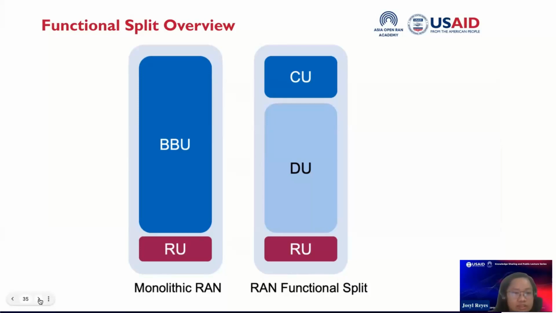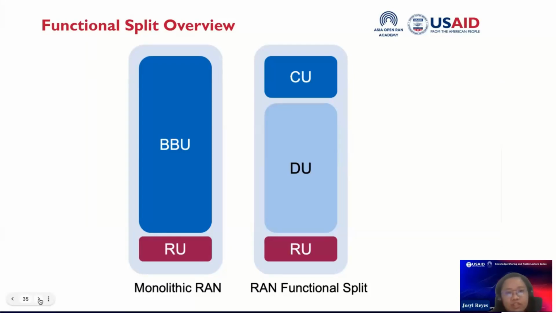So they're not limited to the traditional setup like the one on the left, wherein you have a monolithic RAN, with a radio unit and a baseband unit in one big block. In the RAN functional split for Open RAN, you can further subdivide it into a distributed unit and a centralized unit. And each part of this is assigned a certain layer of the OSI model.